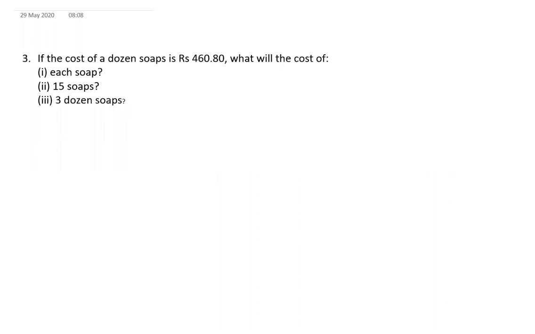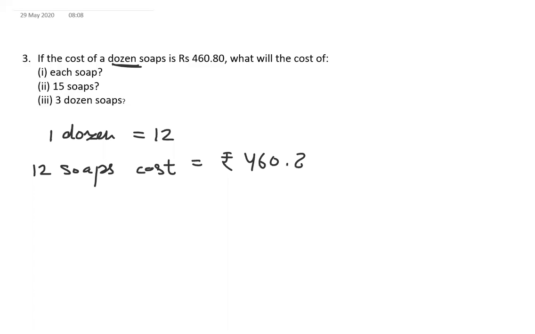Third question says, if the cost of a dozen soaps is rupees 460.80, what will be the cost of each soap? So the cost of a dozen soaps is given. One dozen means 12. Okay, so 12 soaps cost is equal to rupees 460.80.